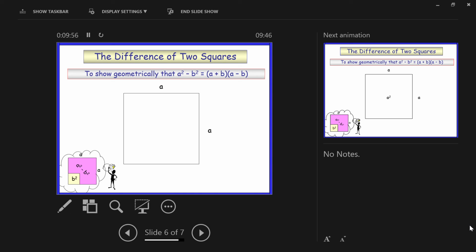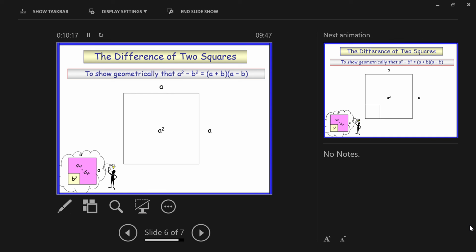Okay, have a look. This is just for interest sake. As long as you know those rules, then you're fine. This is just to show it geometrically, that a squared minus b squared would be a plus b and a minus b. Okay, so if I have a square with a times a, that would give me a squared.